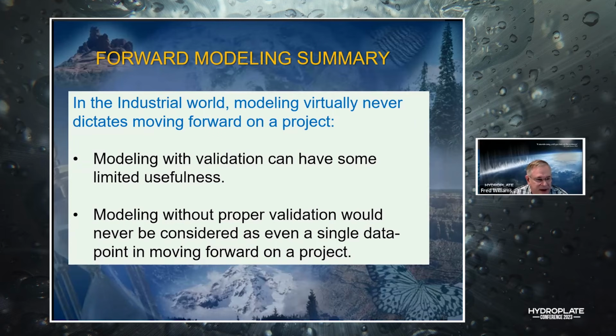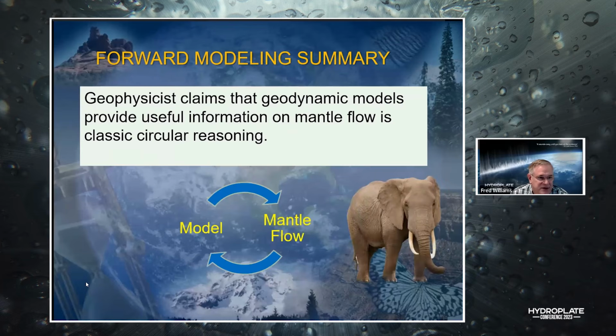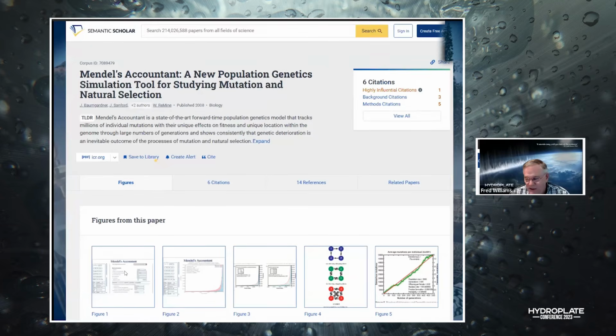It's a problem with an aspect of geophysics that you can't just say that's all we got. It's a problem you just can't get rid of. It can't be denied. So geophysicists claim that geodynamic models provide useful information on mantle flow. It's classic circular reasoning.